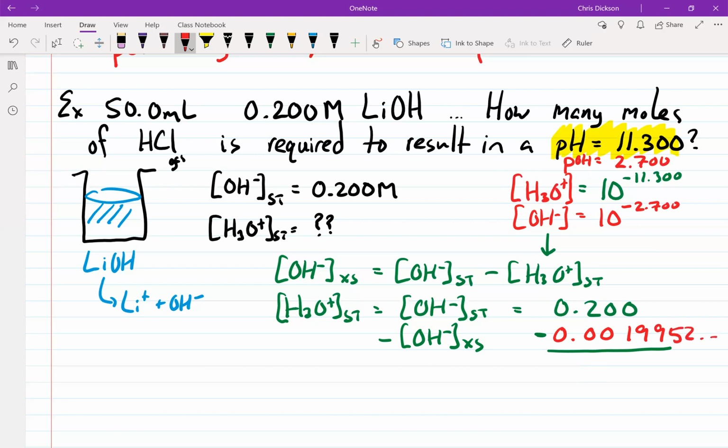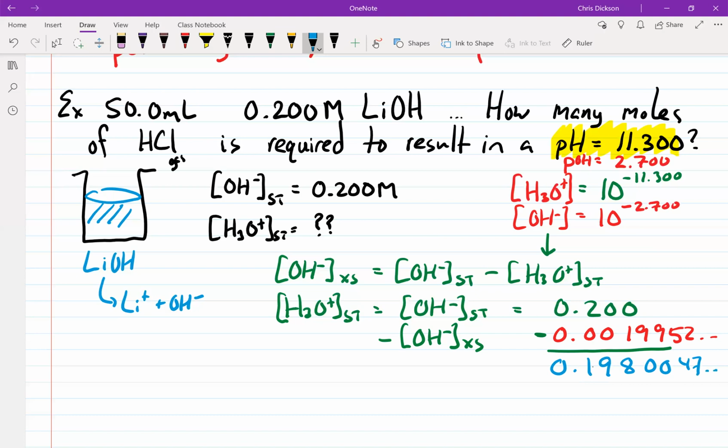So I'm going to go 0.2 minus that number, and I'm getting a number of 0.19800047 and a bunch of other numbers.